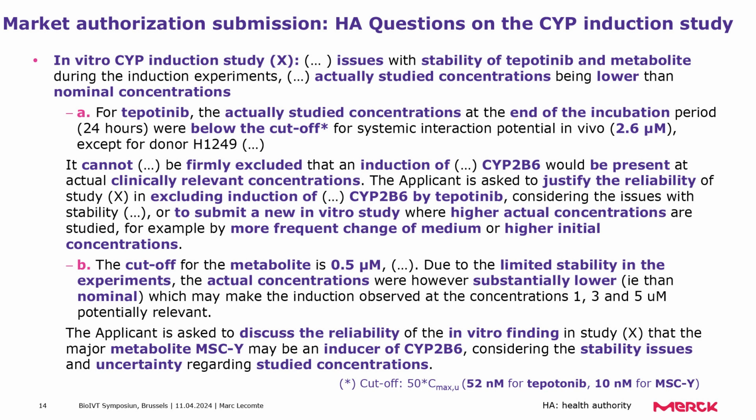The cutoff of the metabolite is 0.5 micromolar, due to what the health authority is calling limited stability in the experiment, with actual concentrations substantially lower, which makes the induction observed at 1, 3, and 5 potentially relevant. So discuss the reliability of this induction study finding, and provide a rationale.